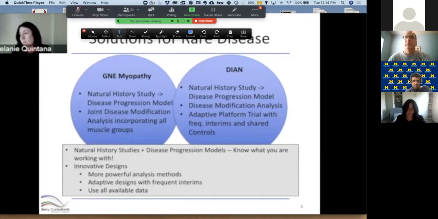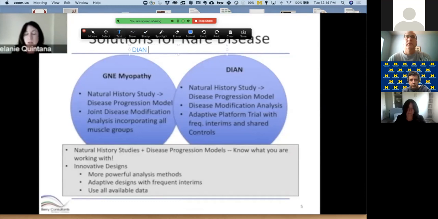So how individuals progressed cognitively in the dominantly inherited Alzheimer's group, and how individuals progressed on the key clinical muscle groups under natural progression.